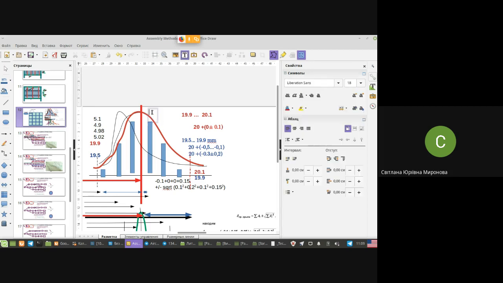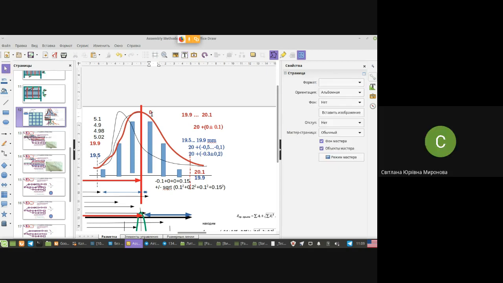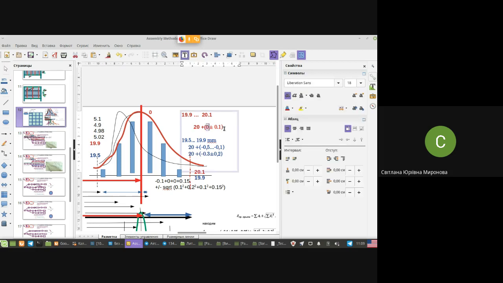The middle will be 0.2 for 19.5 and 19.9. For red colors, it's 0, yes? This 20, it's 0. 0 plus minus 0.1. 0 minus 0.1, 0 plus 0.1.